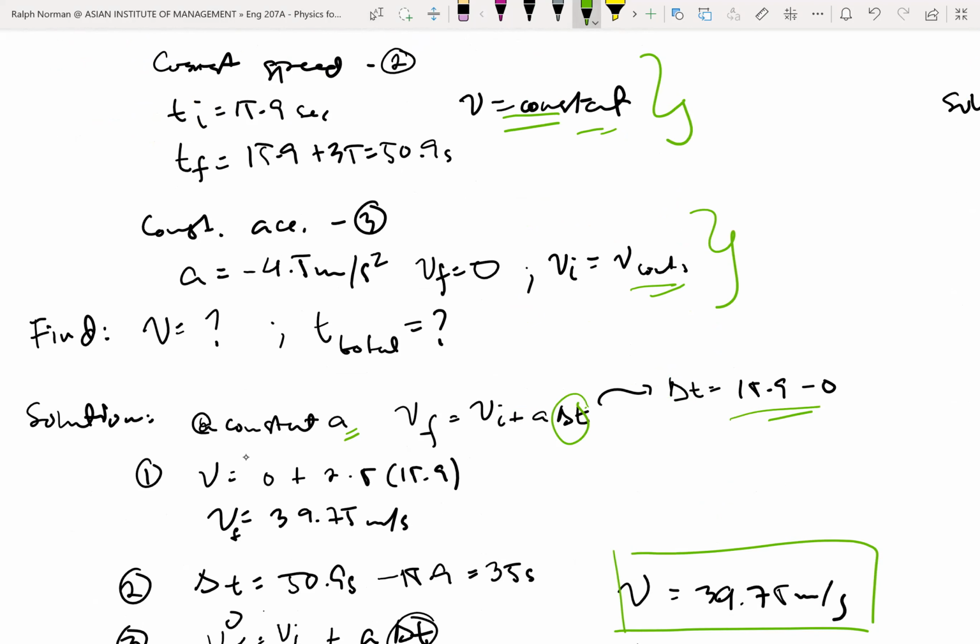You substitute the given values, with initial velocity 0, and 2.5 as the acceleration given at that time, positive since you're accelerating. Then in 15.9 seconds, you would achieve 39.75 meters per second as your final velocity.